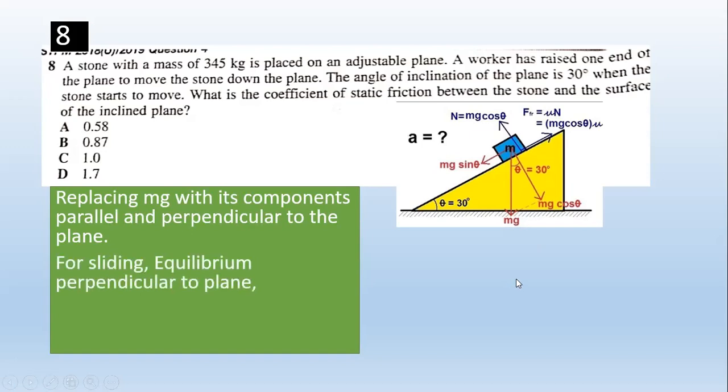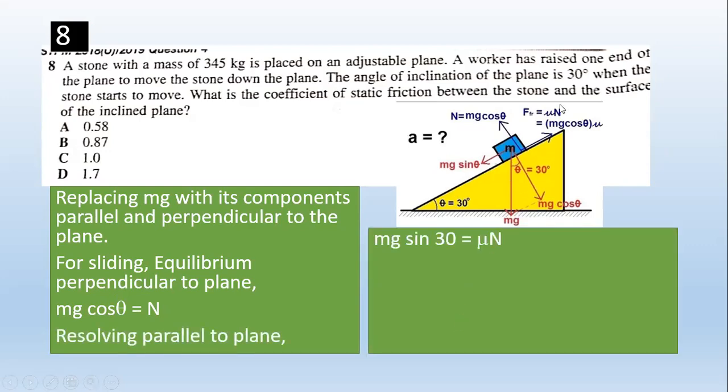For sliding, equilibrium perpendicular to the plane. Right? That one equals that. You can memorize the formula and use it straight away, which is faster. If not, as I said, derive it. This one balances the normal reaction. Resolving parallel to the plane, which is this one, the frictional force is balanced by your mg sine theta.